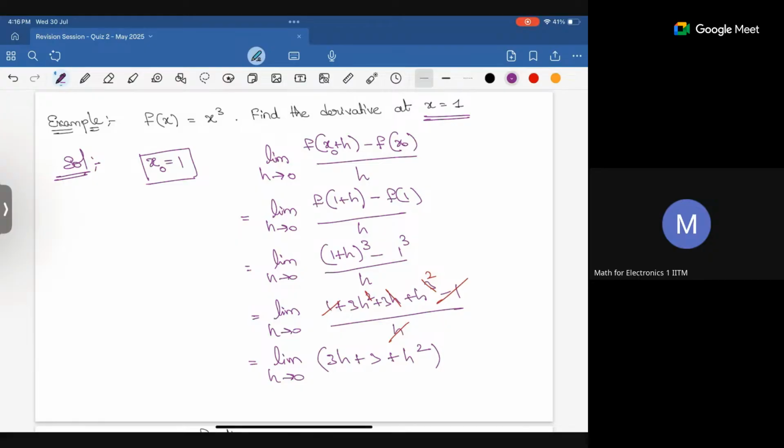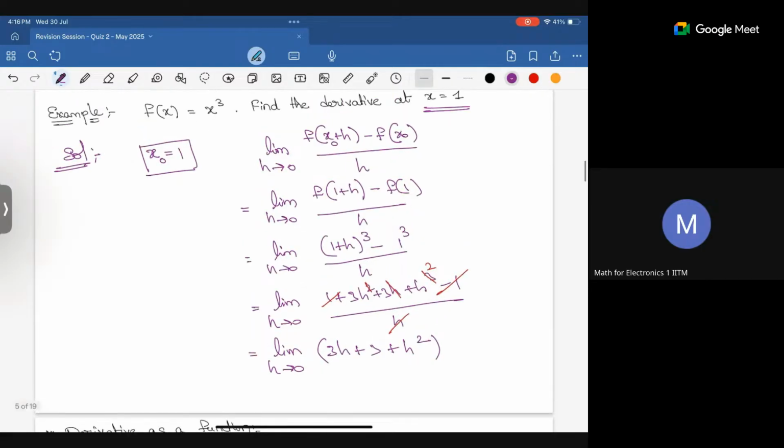So I can directly substitute h equals 0 in the given expression. There are no difficulties in substituting. So we'll get 3 as the answer. So f prime of 1 is 3, and that will be the derivative value at x equals 1.